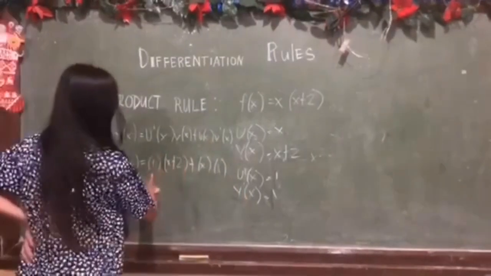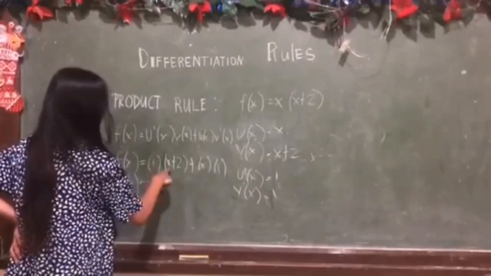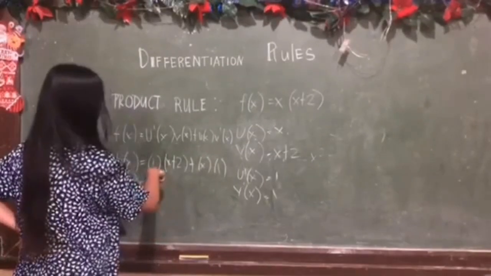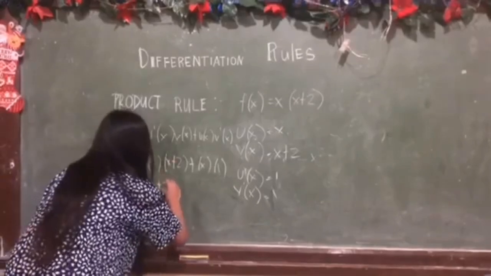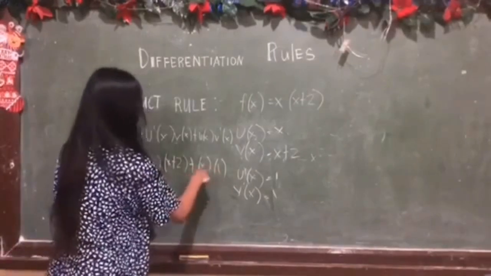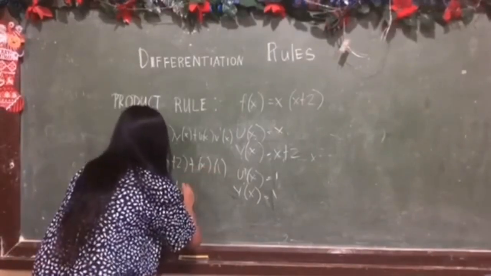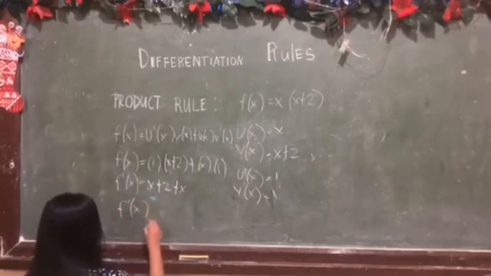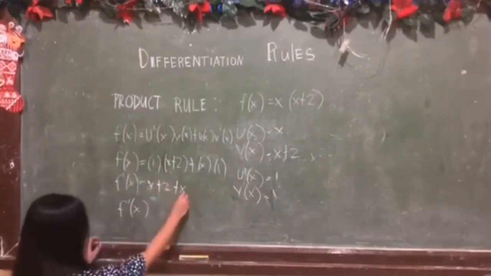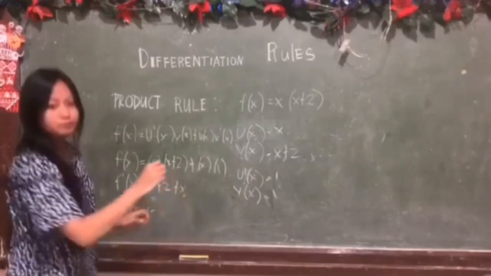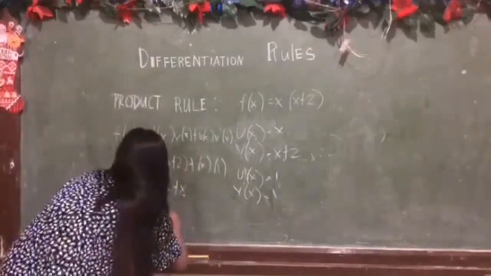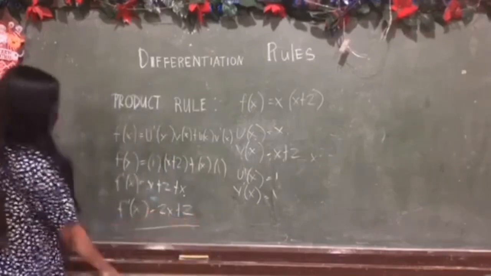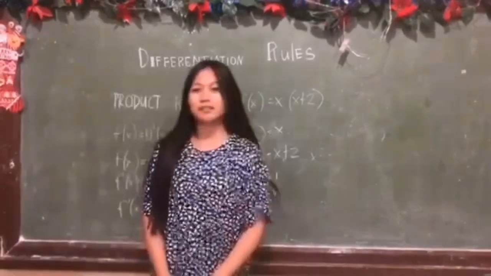So let's apply the distributive method. 1 times x is x, then 1 times 2 is 2, and then x times 1 is x. So let's combine it together. x plus x is equal to 2x plus 2. And there you go, the answer of our second example.